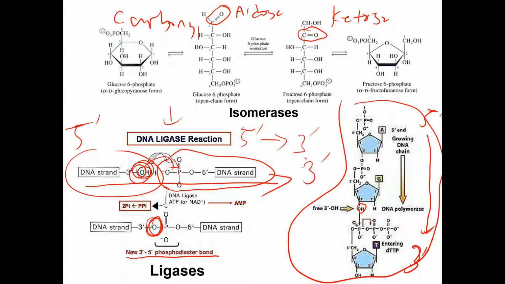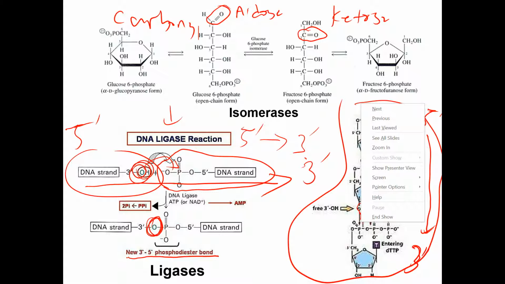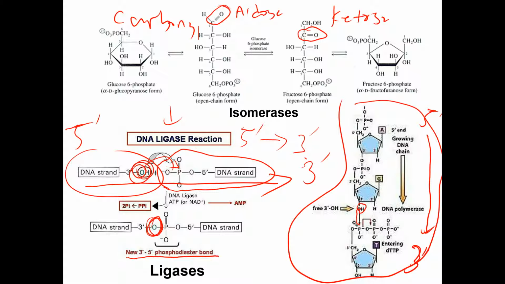This phosphate gets attached to that OH, to that oxygen, and you get your new covalent phosphodiester bond that now holds together the pre-existing nucleotide chain and the addition of this new nucleotide.